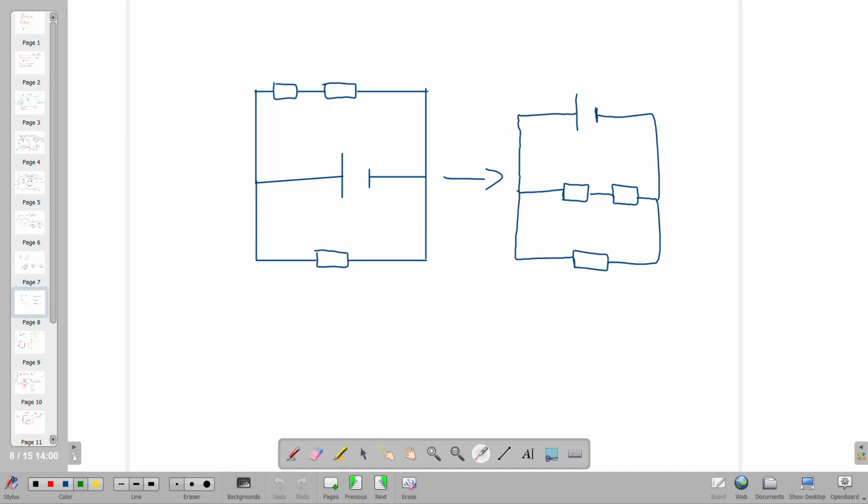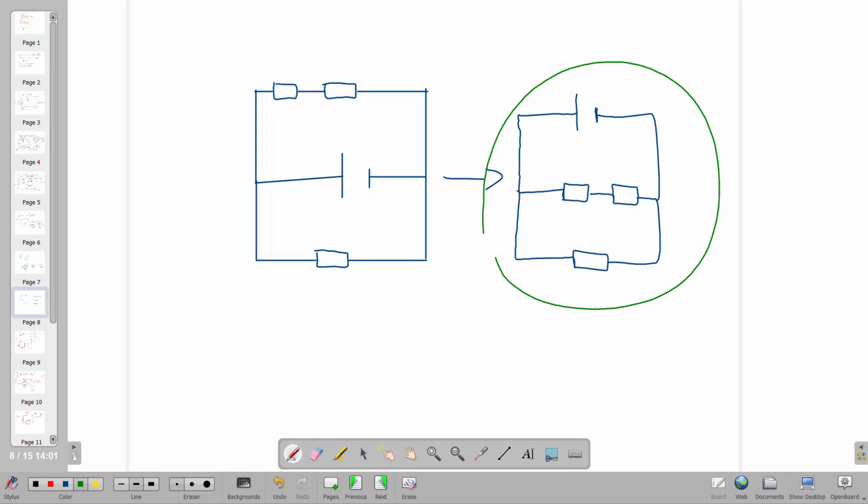And this one is especially threatening, but we mustn't be threatened by it. We have our finger, so you just put your finger down, follow the currents. What happens at this point? It splits into 2. So there's one branch and it meets again there, and here's the other branch and it meets at the same end. So this circuit here can be represented in exactly the same way as the one on the right hand side.